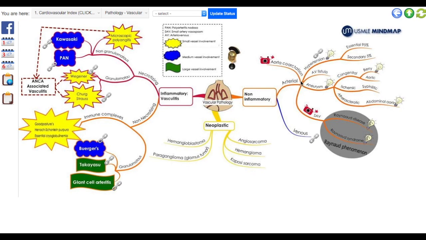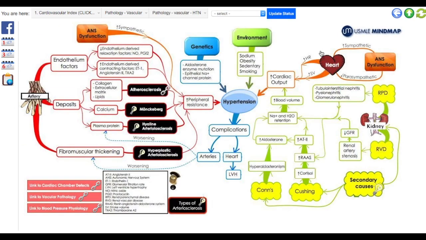If you follow the map on the right, it breaks down into the link that we can look at to see the details of the pathology of hypertension. We click on that and it opens up into this detailed map. The reason why it's so detailed, we want the student to have first the big picture.